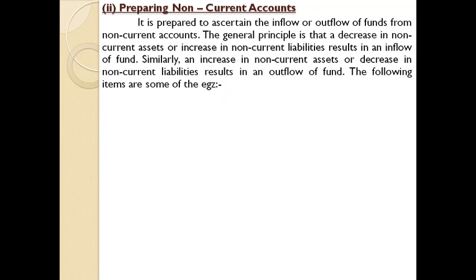Under the preparation of non-current accounts, there are specific items that have to be kept in mind, for which you need to prepare accounts or ledger accounts. We will discuss the various items for which you need to prepare ledger accounts. First one, fixed assets. Next, intangible assets. Fixed assets may be given in the balance sheet at cost or at written down value.